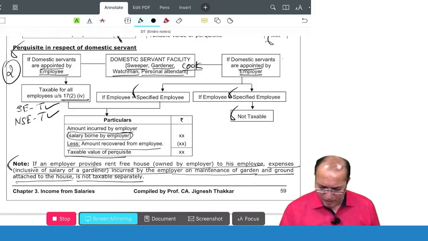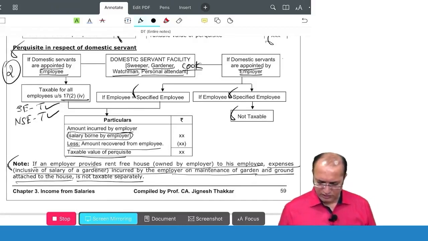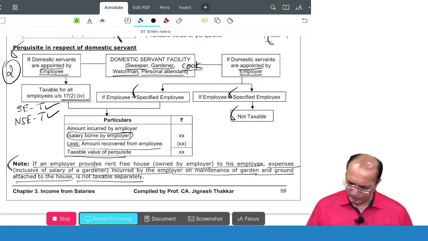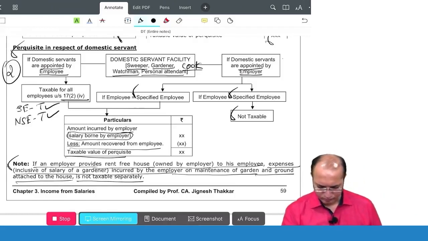Or do you want me to give you an example? Yes? Shall I proceed?